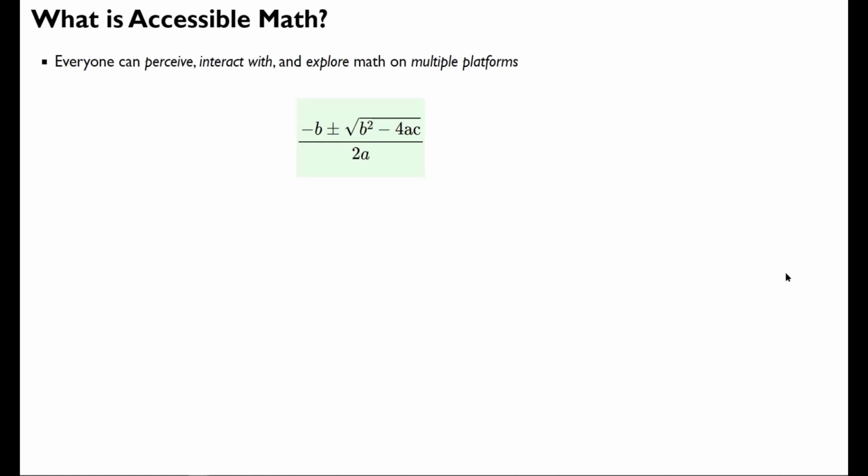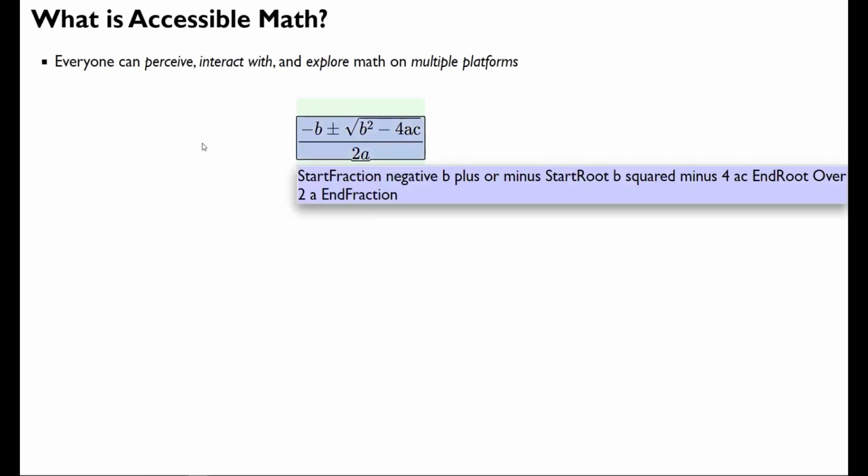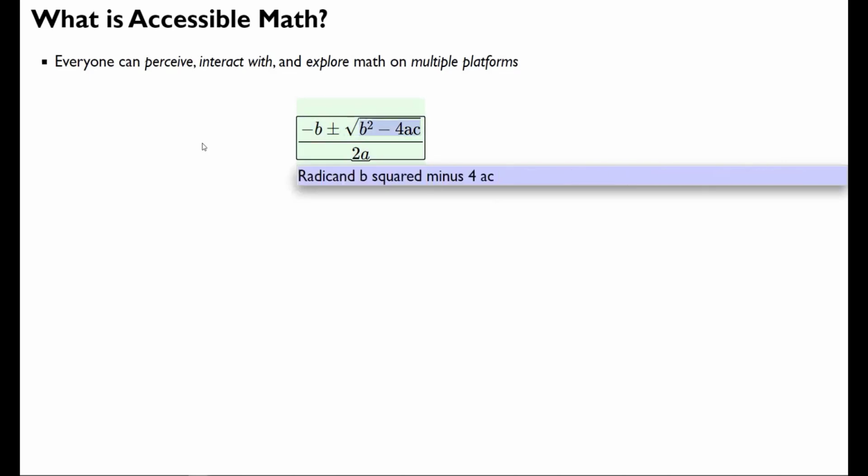So for the purposes of our discussion today, accessible math is math that everyone can perceive, interact with, and explore on multiple platforms. Now you can see on my screen that I've got a math expression there, and it might appear to you that it looks just like a picture of math, but you might notice now that I'm navigating the math using my keyboard, and below the math I can see actually a caption of the math.